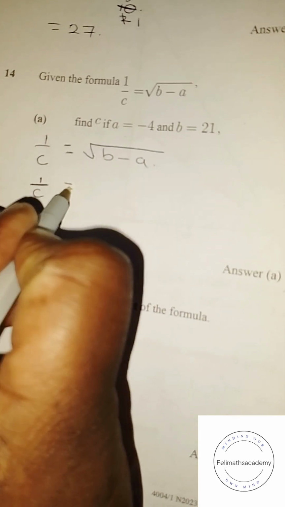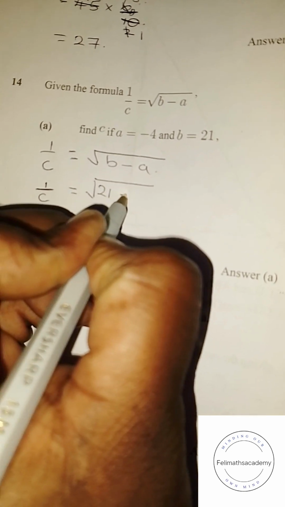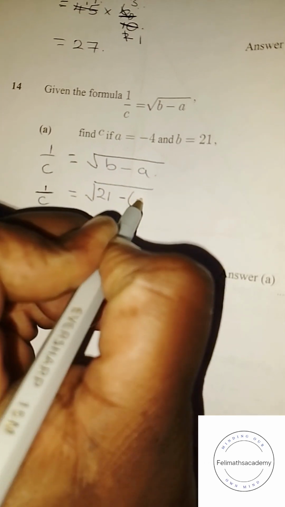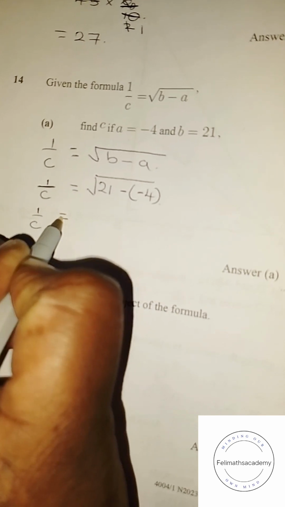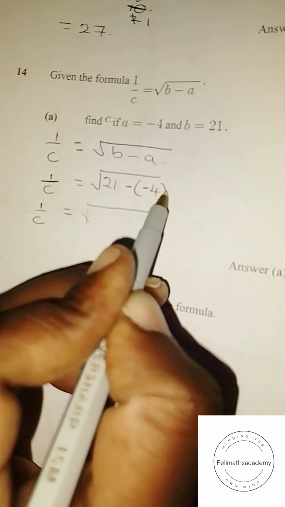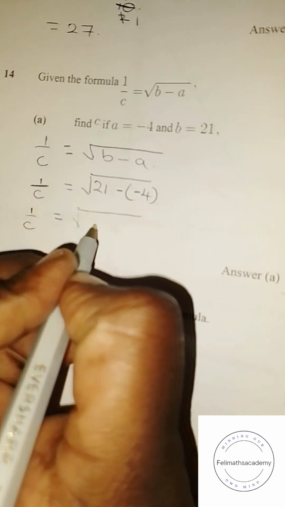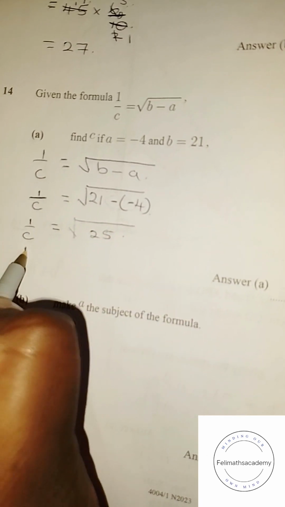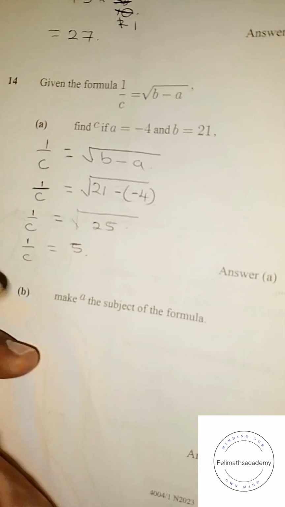So 1 over C is equal to the square root of 21 minus negative 4. This becomes a plus, so 21 plus 4 is 25. 1 over C is equal to the square root of 25, which is 5.